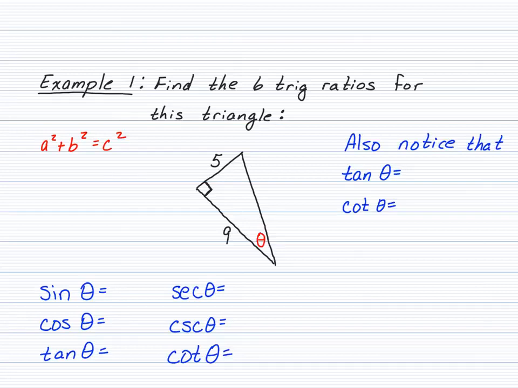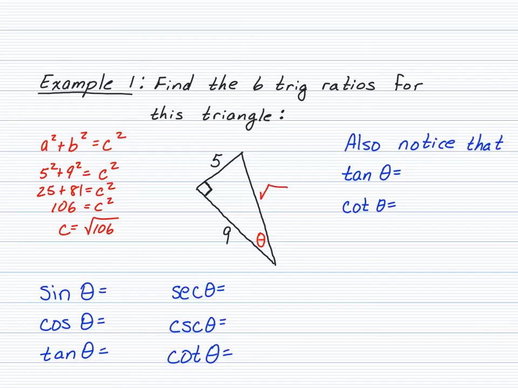In this situation, a and b are 5 and 9, so you have 5 squared plus 9 squared. It does not matter which one is a and which one is b. So you're going to have 25 plus 81, which is 106. And so c is equal to the square root of 106, and that is the length of your hypotenuse.